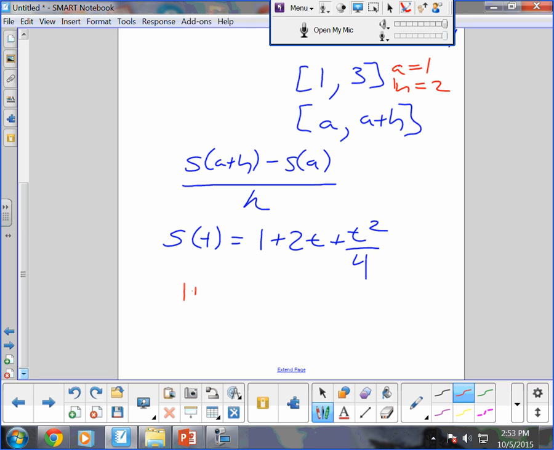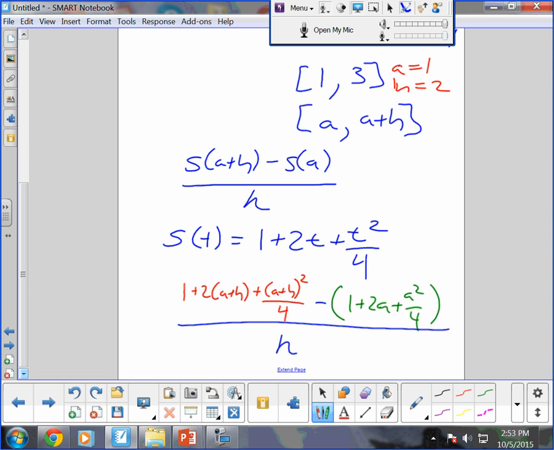I get 1 plus 2 times A plus H plus A plus H quantity squared over 4, minus parentheses 1 plus 2A plus A squared over 4. That's S of A in green, all over H. This is the red. This was the green. Okay?